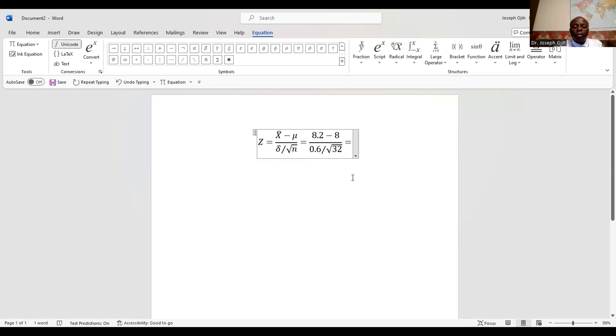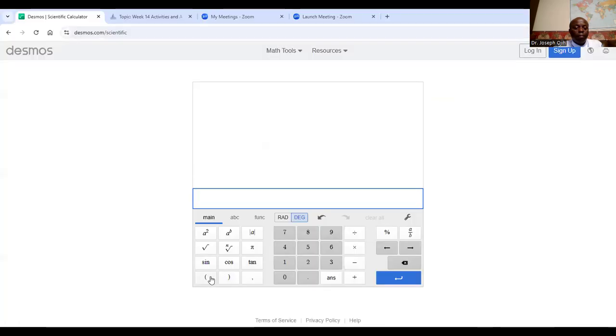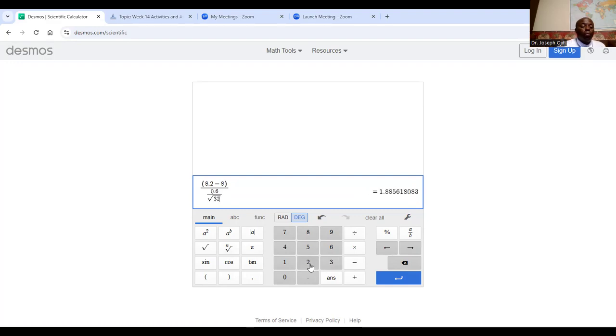So let's go and do it in the calculator. We have 8.2 minus 8, divided by the standard deviation of 0.6 over the square root of 32. That gives 1.8888569, so 1.89.